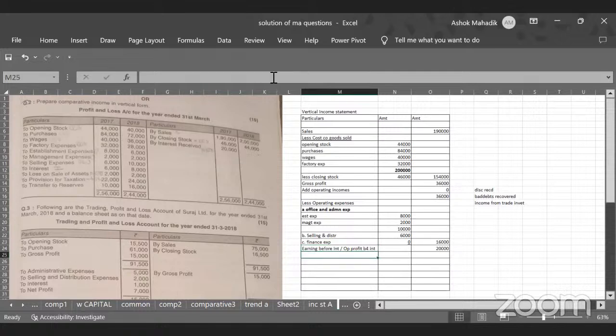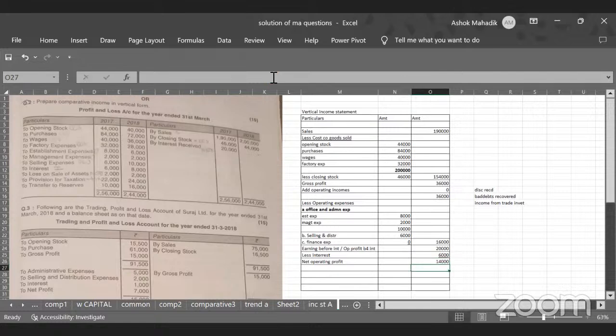Then we subtract, less interest. How much is the interest cost? 6,000. So what we will get now is net operating profit. Since we are done with all the operating part, operating income and operating expenses, we call it net operating profit. So it will be 20 minus 6, so 14,000. Clear, students?